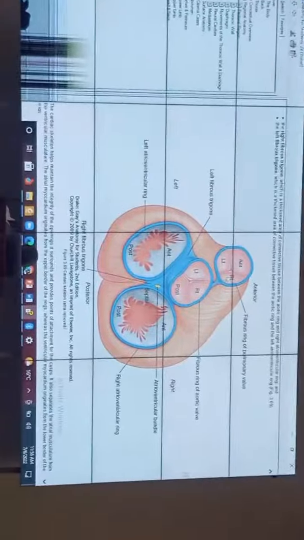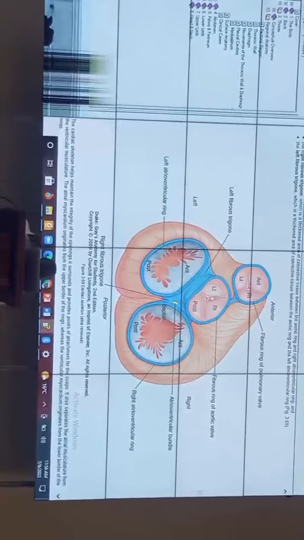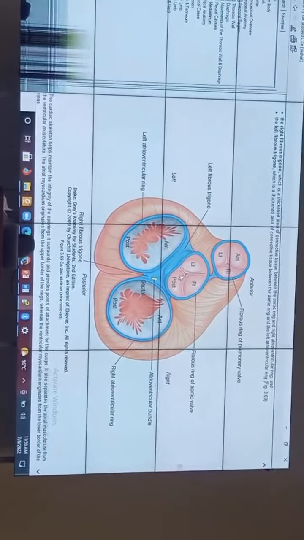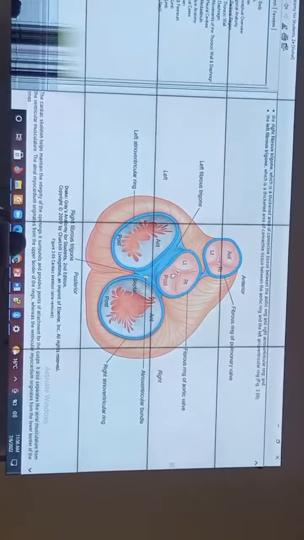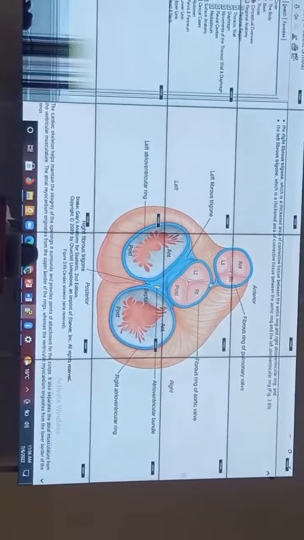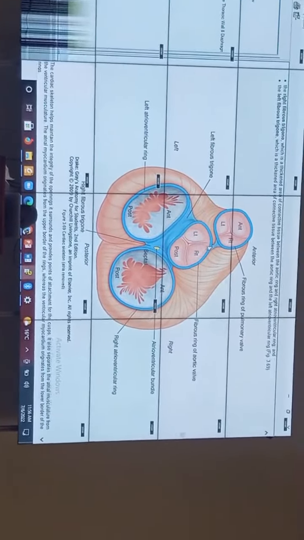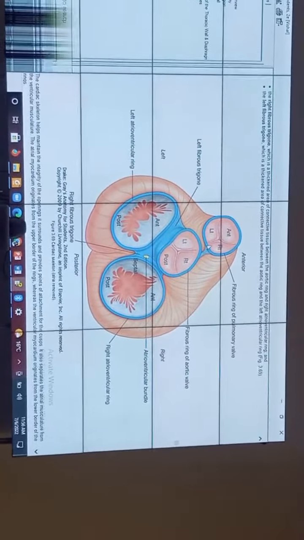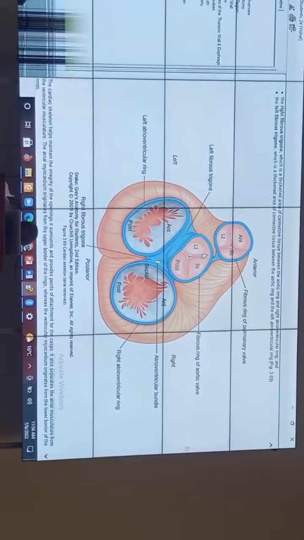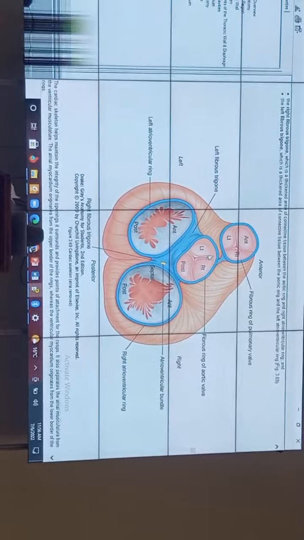And then here, we have the two vessels that are taking blood away from the heart. We have the pulmonary valve and we have the aortic valve. Is that clear? Remember, these two were called the semilunar valves.